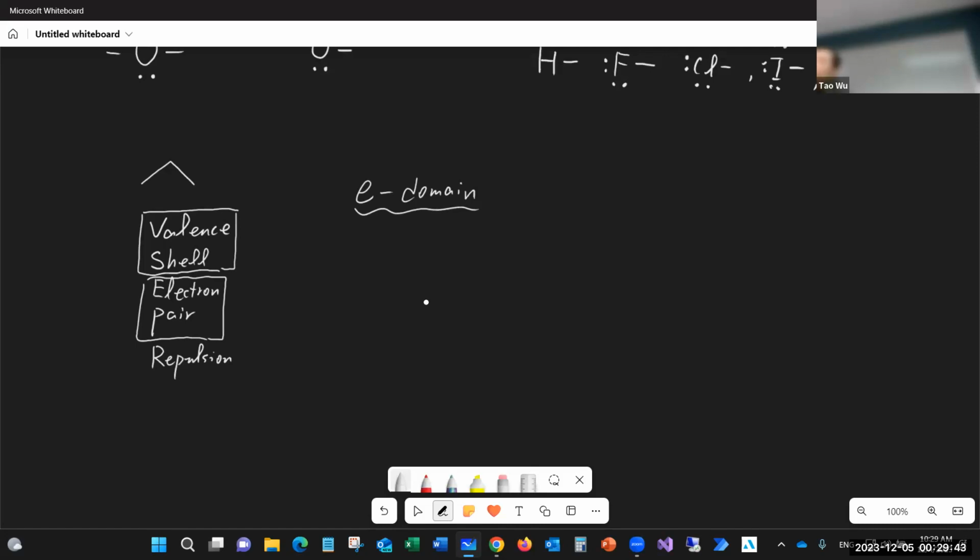Okay, so all of those are bonding domains. The electron domain includes 2 things. One is a bonding domain. The other one is called the lone pair.